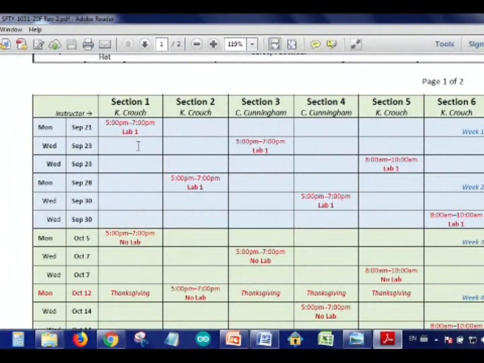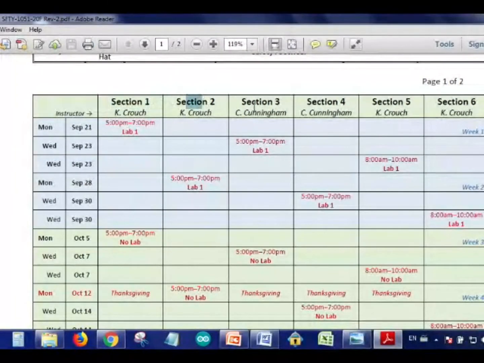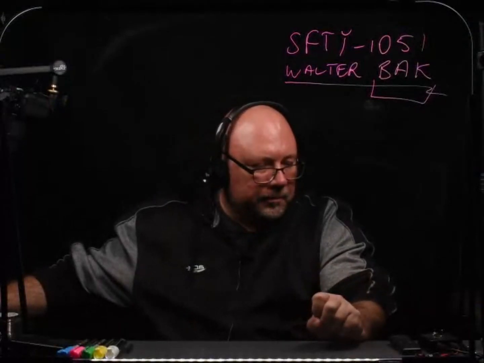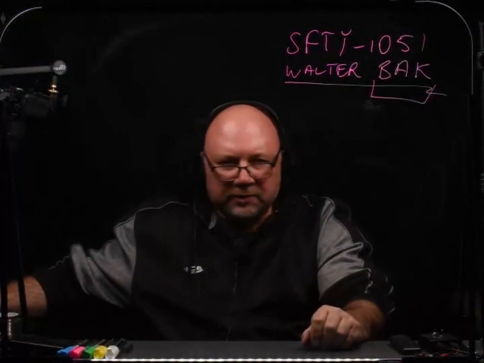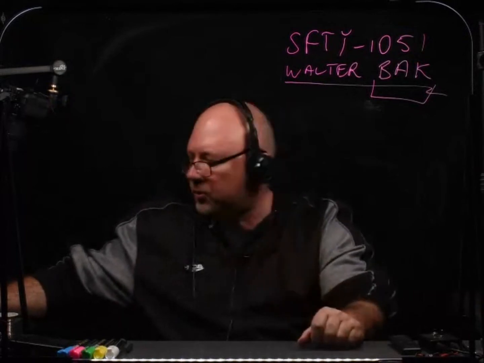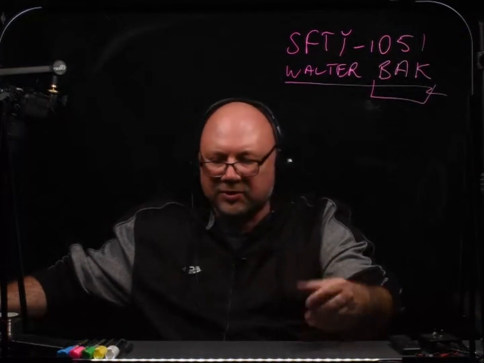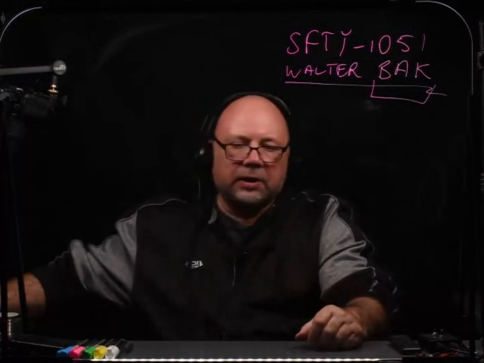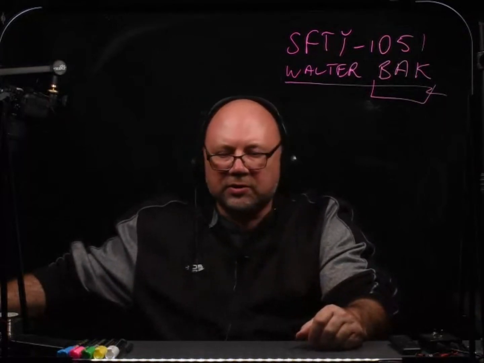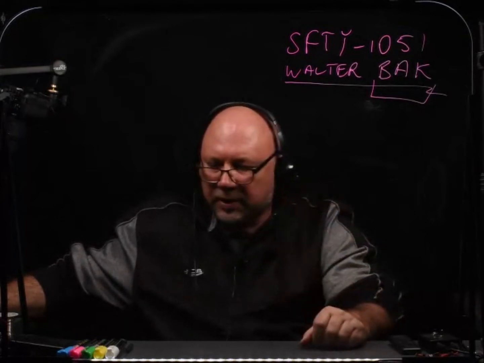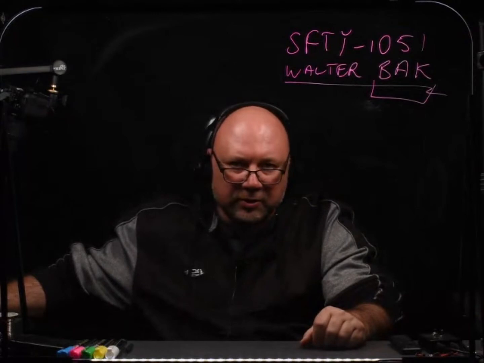So section: just find your section, wherever your section is, section 1 or section 2. I have sent emails to everybody. The email said, if you receive this email, you're in section so and so. So everybody should know what section they belong to. If you're just admitted to the course and you didn't receive that email, by all means, send me an email and I will tell you what section you're in.